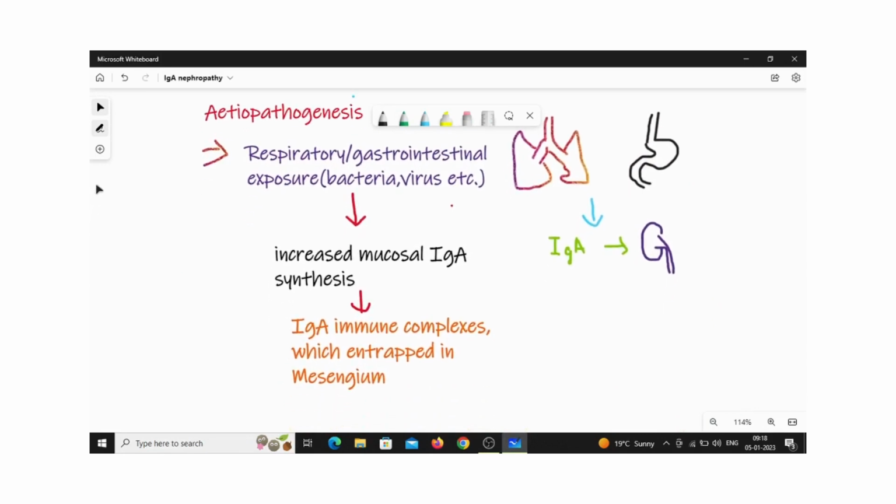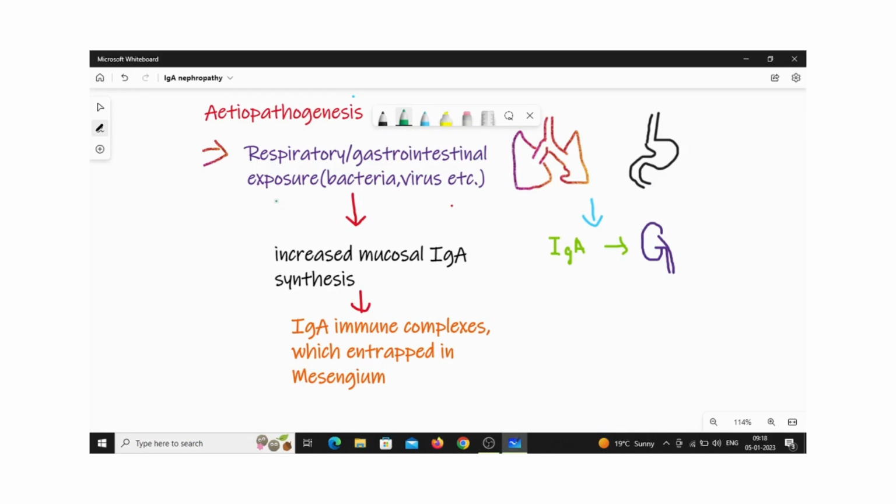So let's go to its etiopathogenesis. So how does it start? It manifests after an acute bacterial or viral infection of a respiratory organ or gastrointestinal organ.